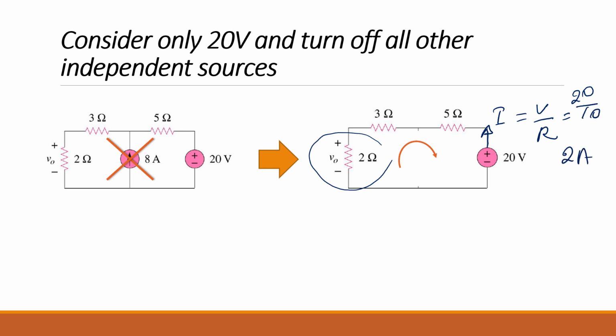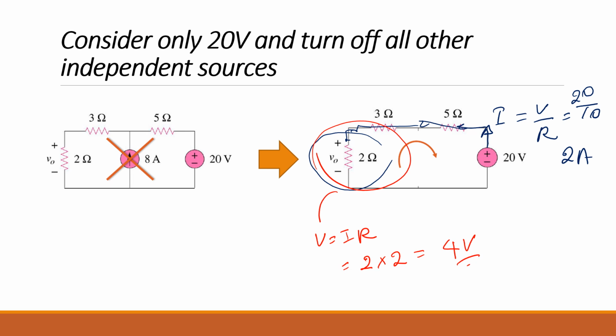So there is a 2 amp current going across all these resistors. Agree? If they are asking us to find the voltage across the 2 ohms, the voltage is the current times the resistance. The resistance is 2, and the current going across the resistor is 2 amps, so that will be 4 volts.